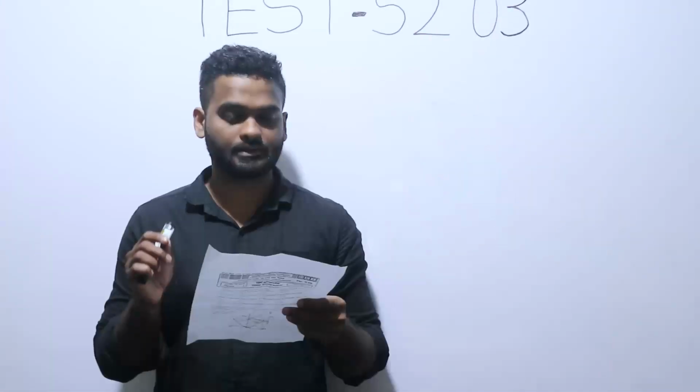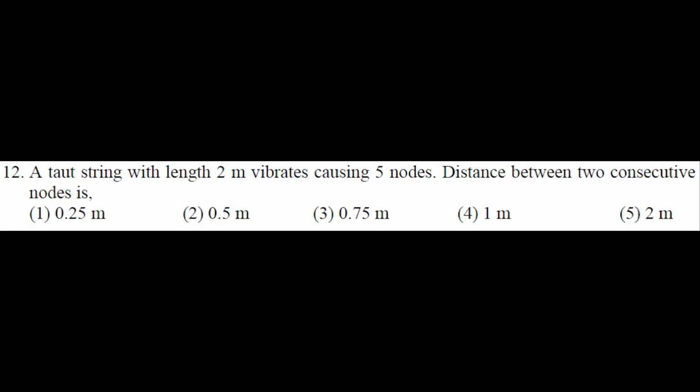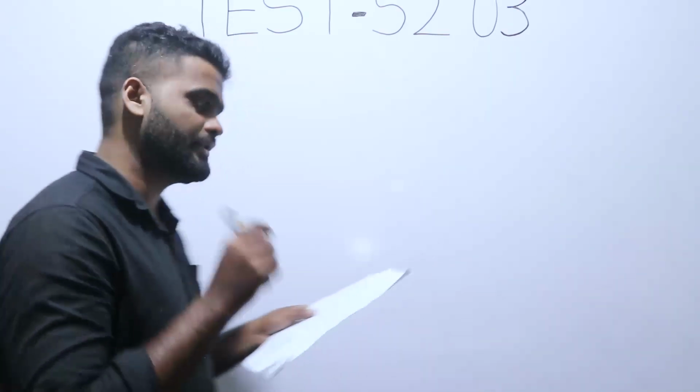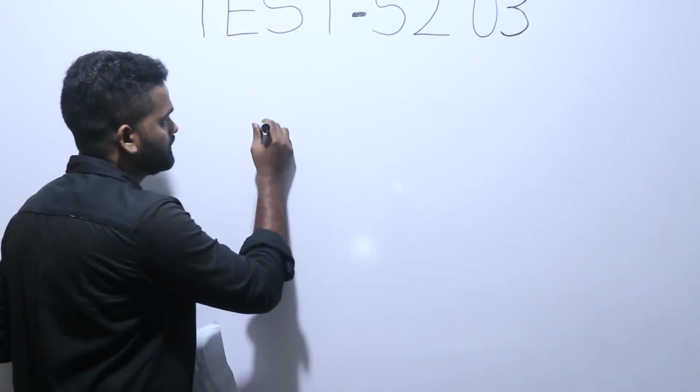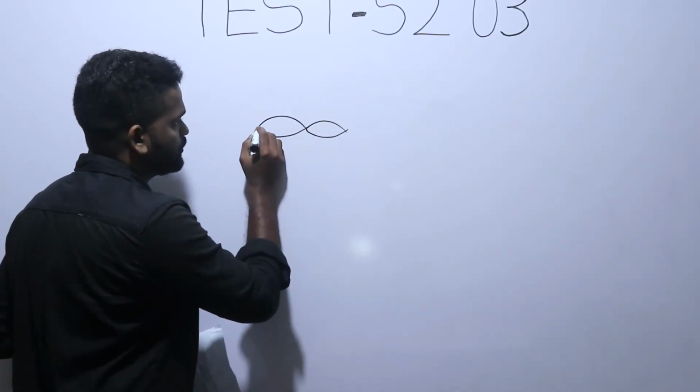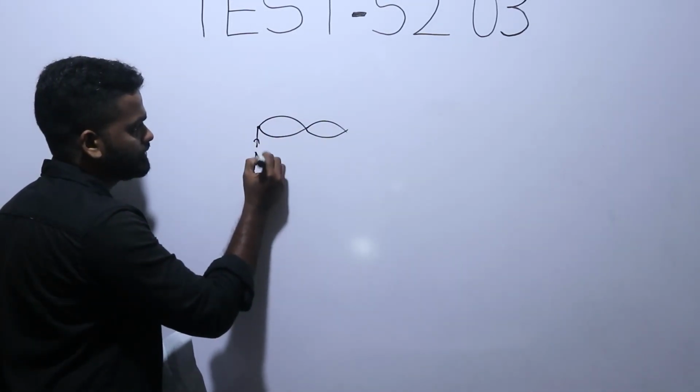12th question. A taut string with length 2 meters vibrates causing 5 nodes. Distance between two consecutive nodes is. Okay, this has 5 nodes. A node is something like this one, right?